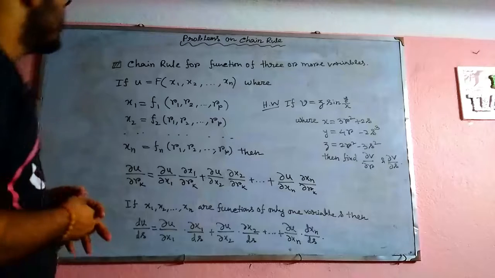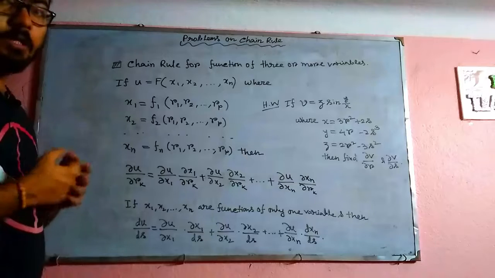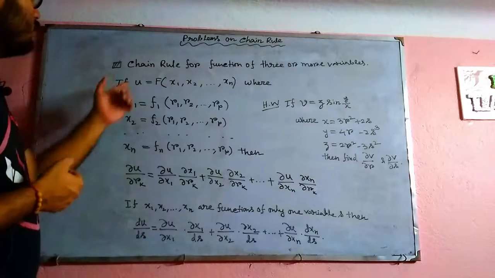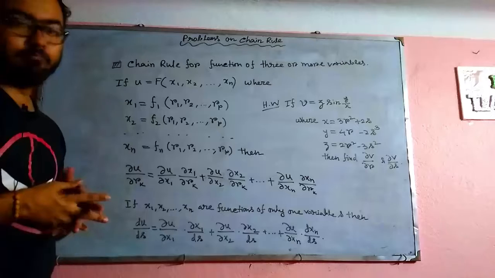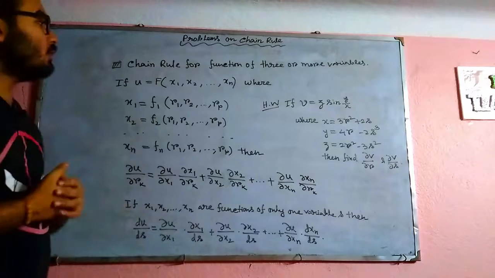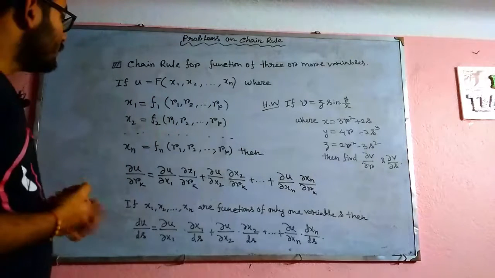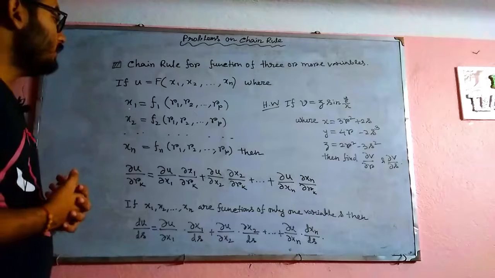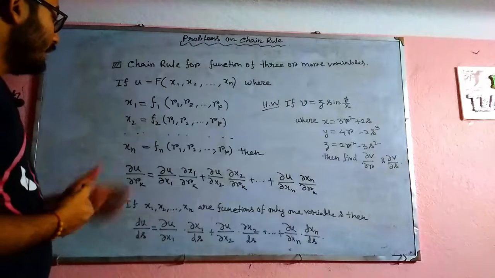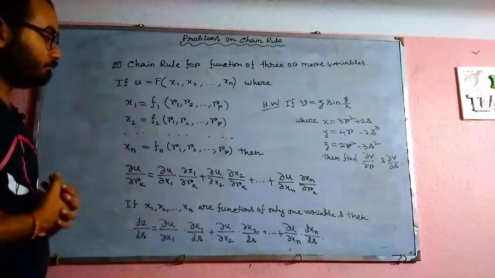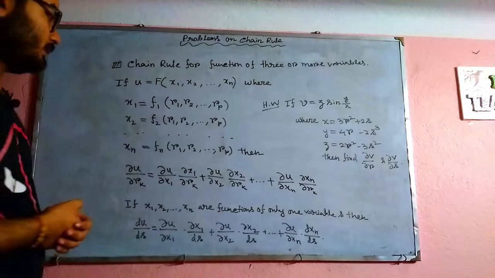Suppose u is a function of n distinct variables, u is equal to f of x1, x2, dot dot dot, xn, where x1 is a function of p distinct variables, x2 is a function of p distinct variables, and xn is a function of p distinct variables.